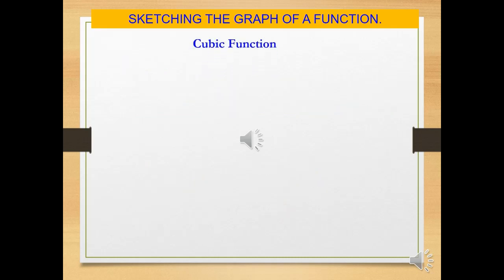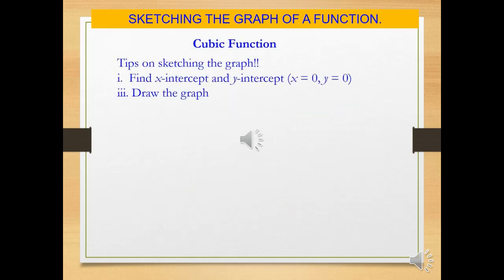For cubic function, tips on sketching the graph: find the x-intercept and y-intercept, which is when x equals 0 and y equals 0. Then draw the graph like this. We have one intercept with the y-axis and two intercepts with the x-axis, and a is greater than 0.